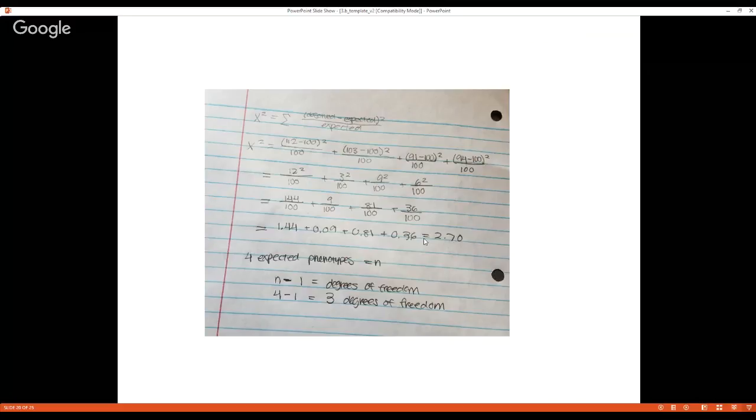And we add those up to get a total of 2.7. And to figure out our degrees of freedom, we have 4 expected phenotypes, so that is equal to n. And n minus 1 is equal to the degrees of freedom, so 4 minus 1 equals 3, and that's how many degrees of freedom we have.